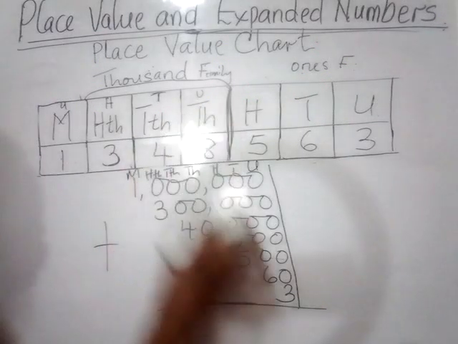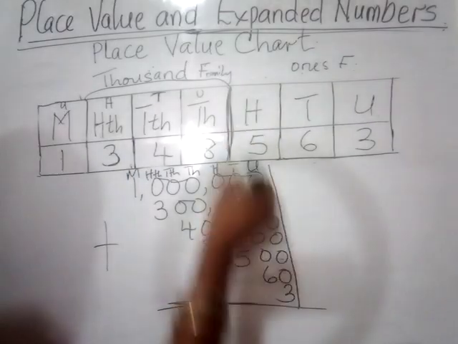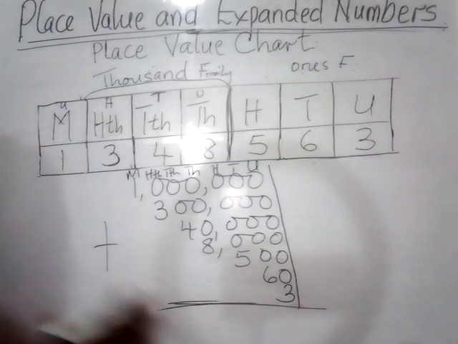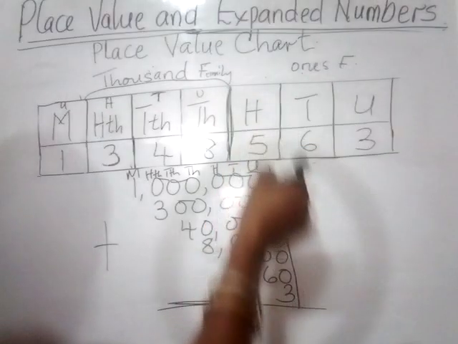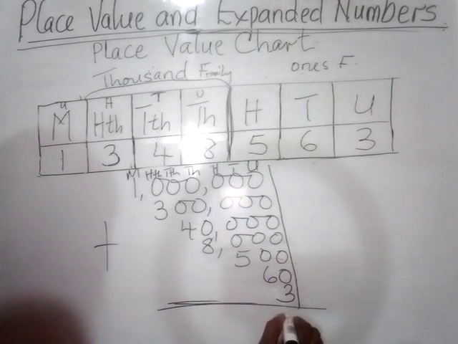So once you have gotten your arrangement like this, you go ahead and add. Every digit has to be in its particular position. If you mess this up, if you scatter it or just write them anyhow, there's no way you arrive at the correct answer. So just look at them. If you go down, these are zeros, only 3 is the number here that has value.